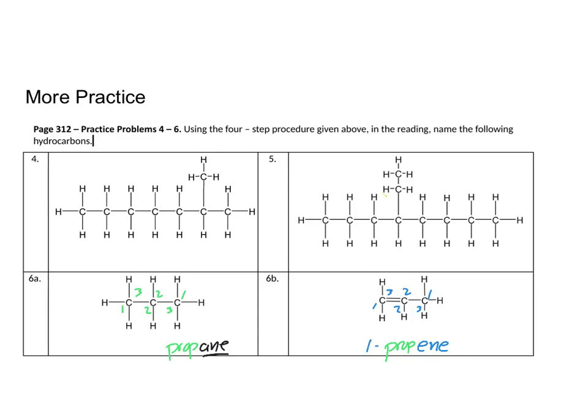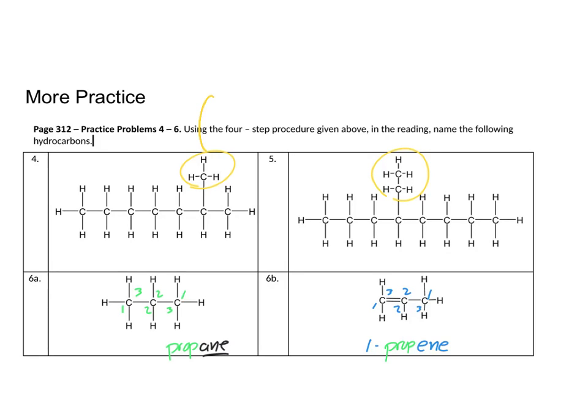Okay, now moving up to the top ones. Up in the top ones, we have these things here that are called branches or substituents. I believe the reading called them substituents. Branches or substituents are named for the number of carbons that are present.